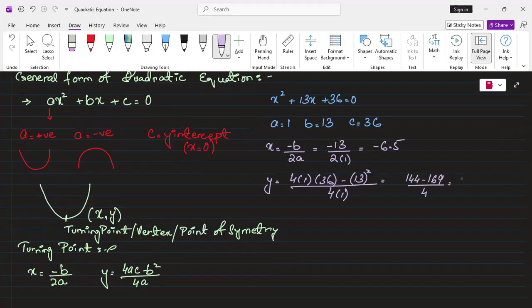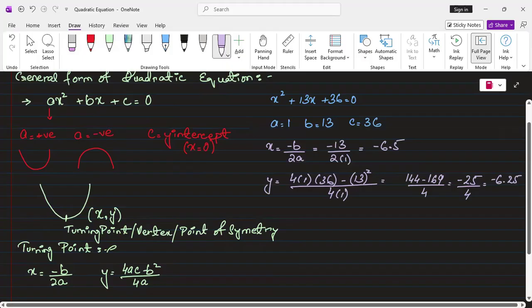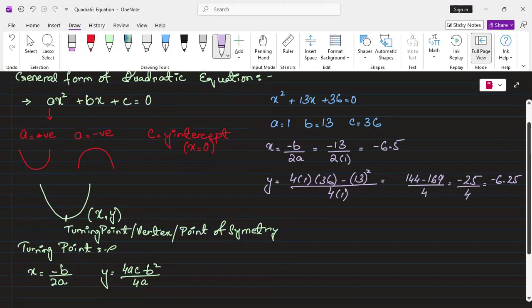So we'll end up with negative 25 upon 4, which is equivalent to negative 6.25. Okay? So these are the x and y coordinates of the turning point.